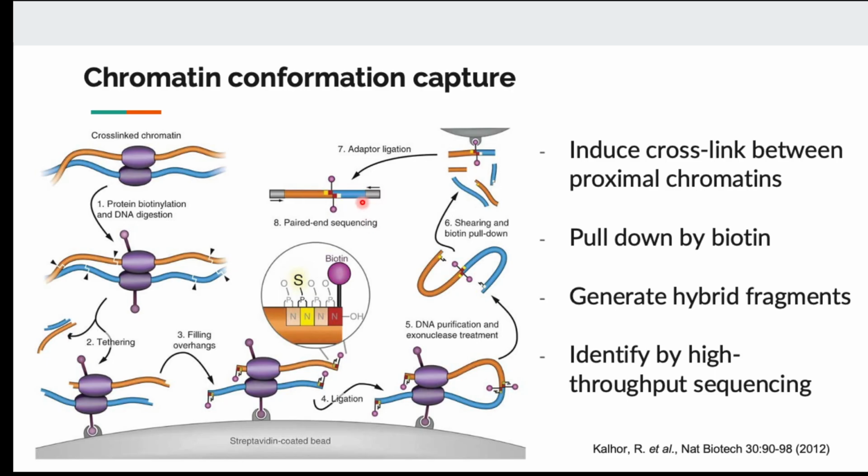And using this knowledge, we can say that the blue segment may be from chromosome 3, and the orange segment may be from chromosome 5. These two segments are near each other in 3 dimensions. So if we have a lot of sequencing data of these hybrid fragments, we have information about which positions on the genome are near each other in 3 dimensions.